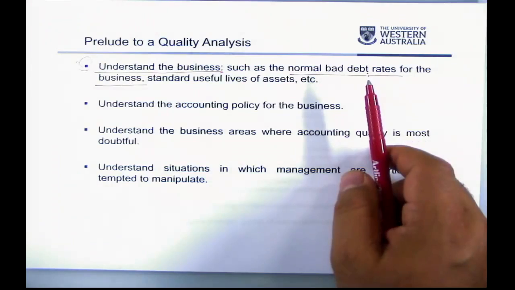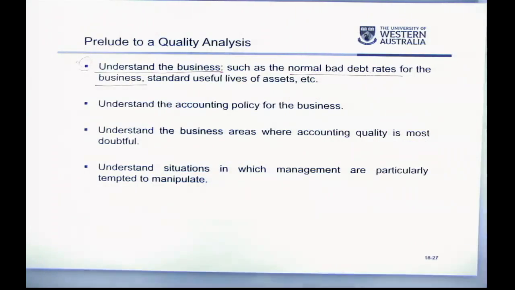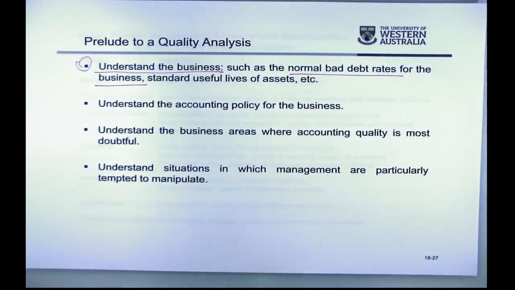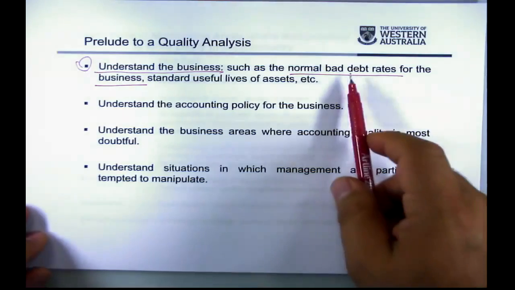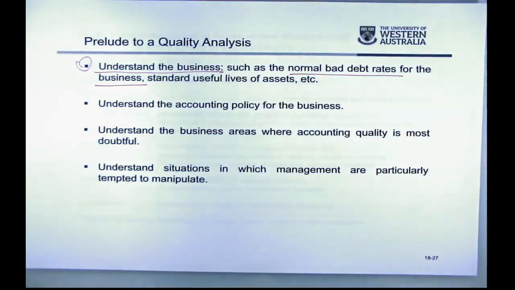Compare it with its peers in the industry and see whether your firm is equal to others, or below or above. If the bad debt rate is lower than other firms, this is a bad signal. It means that the firm is trying to improve its earnings by reducing the allowance for bad debts.